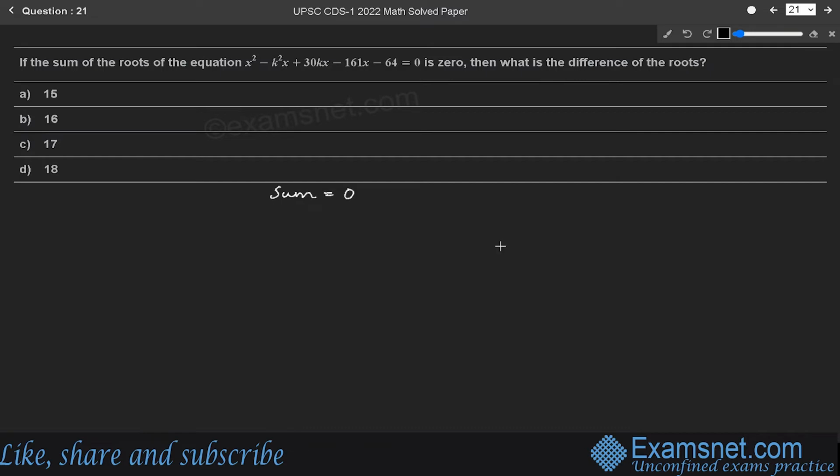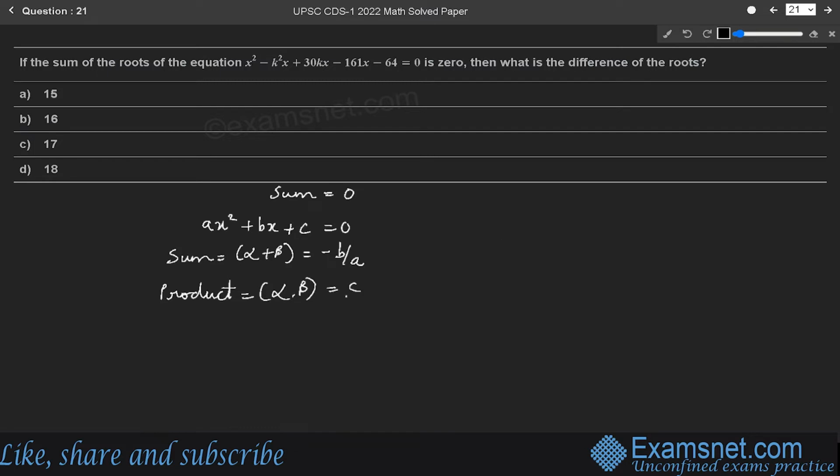And we know the concept about quadratic equations. A quadratic equation is in the form ax square plus bx plus c is equal to 0. And the sum of roots is alpha plus beta, which is given by minus b upon a. And we also know that the product of roots is alpha into beta, which is given by c upon a.